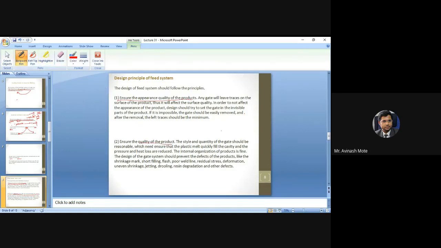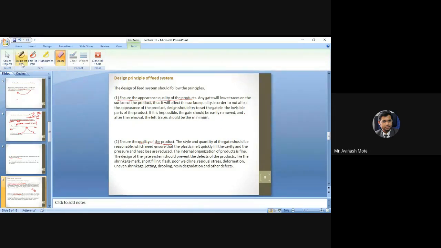Suppose there is a very small product, and for this kind of product, if you have provided a large size runner and gating system, it will not be required. It will ultimately create a mark on the surface.